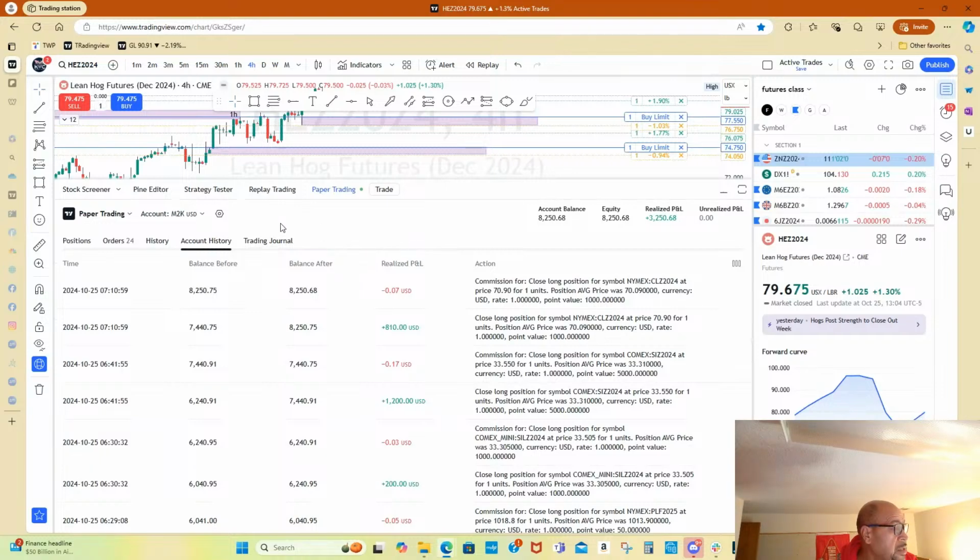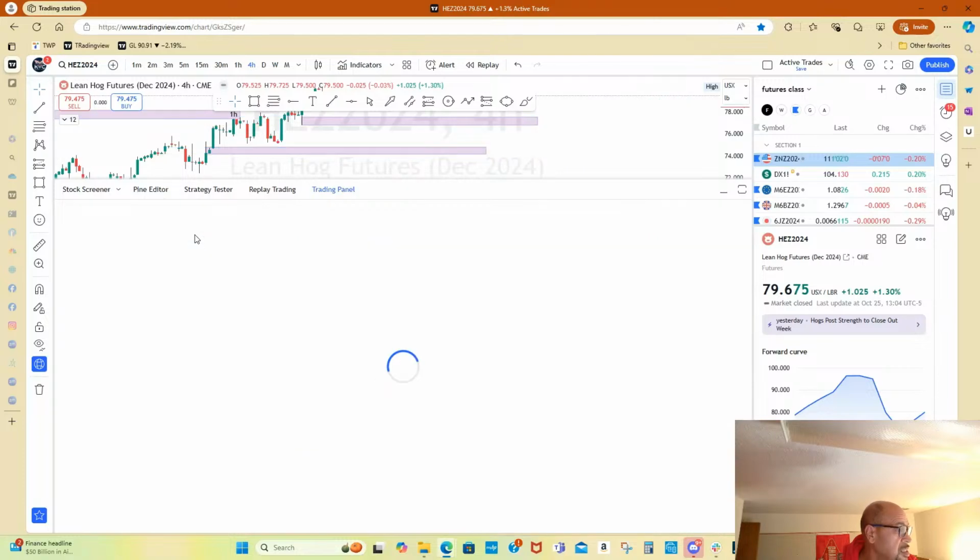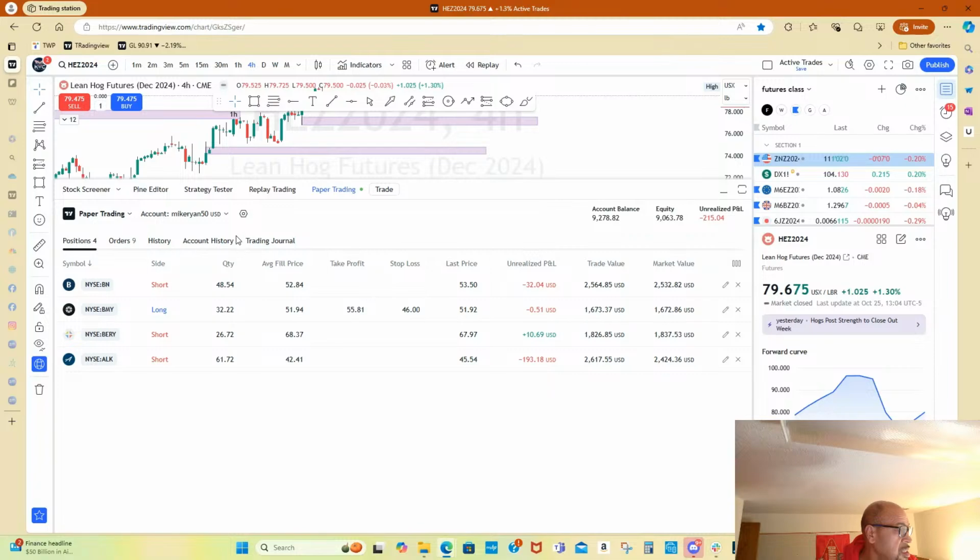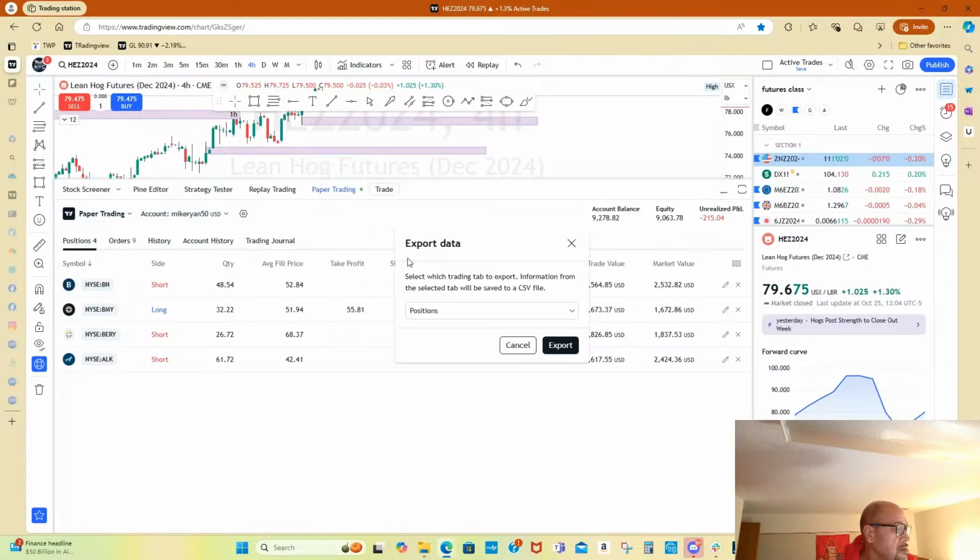So I am going to download. Let's start at the top so I don't get mixed up. And that's on here: Export data.